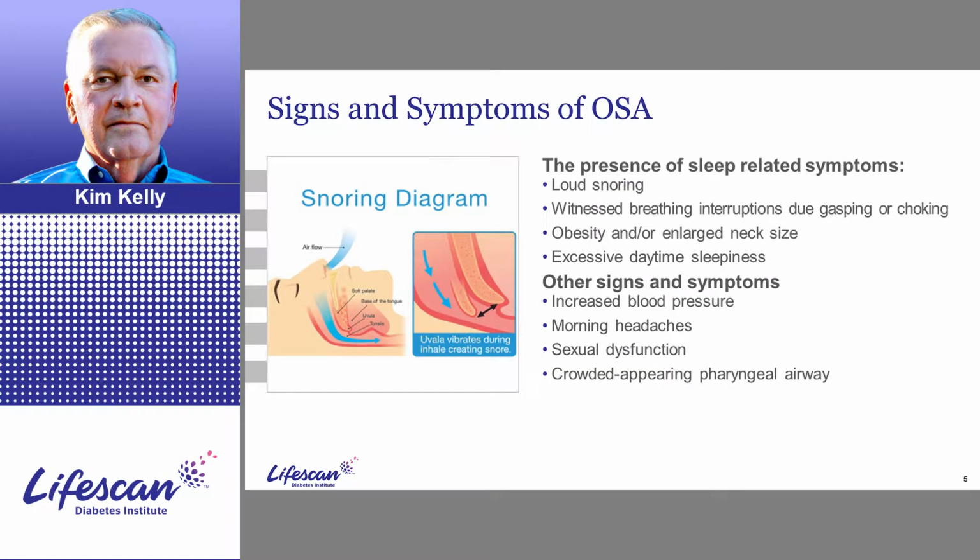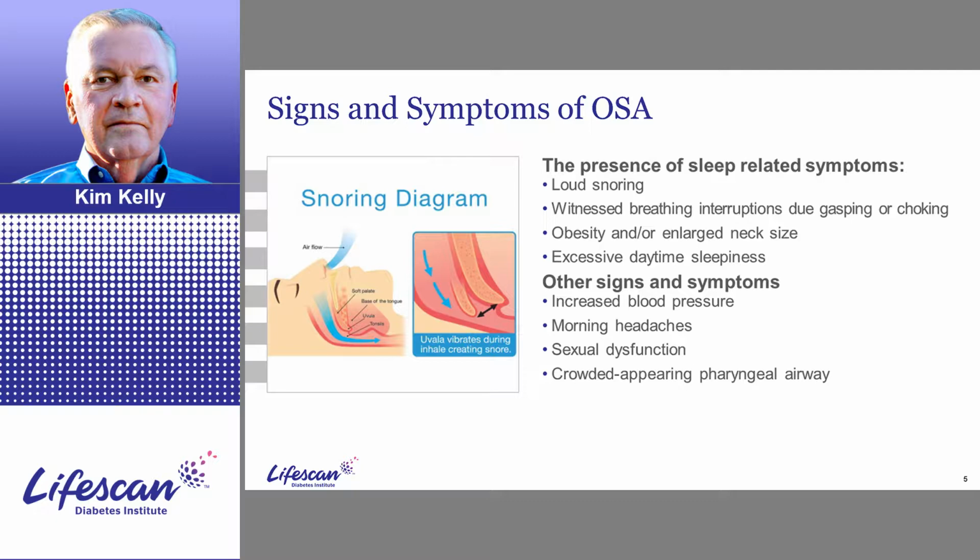Signs and symptoms we've already talked a little bit about. Loud snoring is, again, probably one of the most common things you will hear. Witnessed breathing interruptions, again, if you have someone who is available to witness. You'll also commonly find that these patients have obesity and or an enlarged neck size. In fact, that's even used as one of the screening criteria.